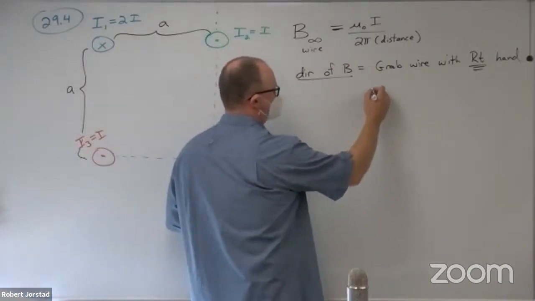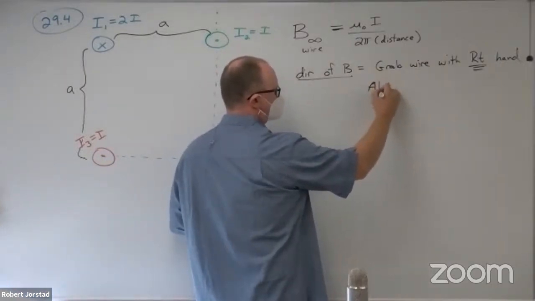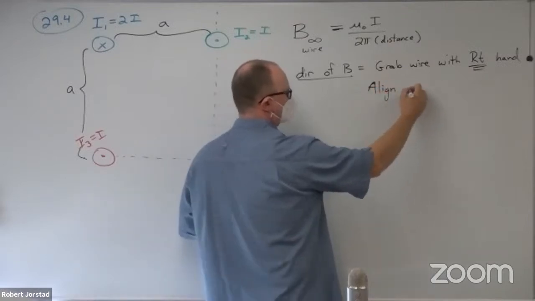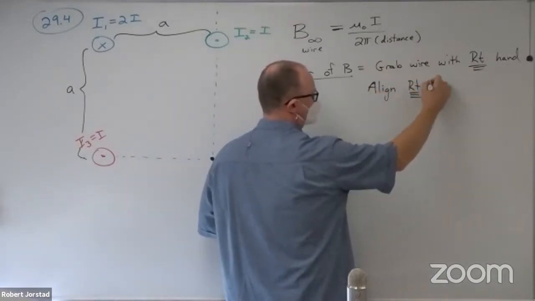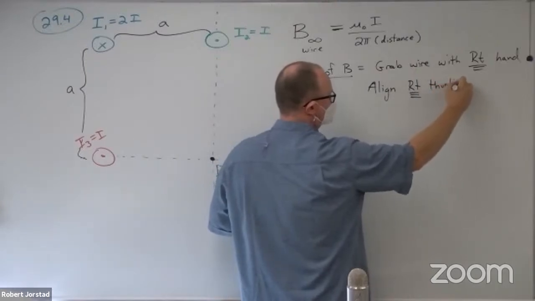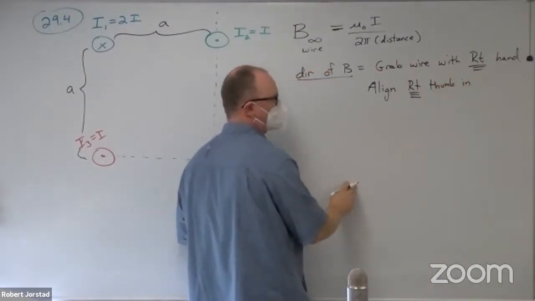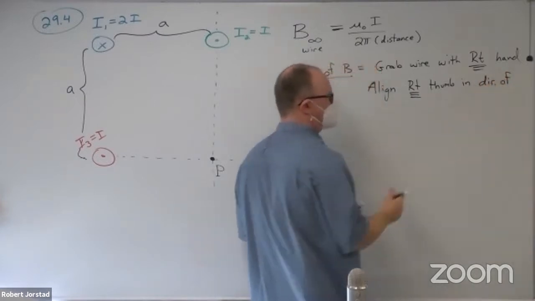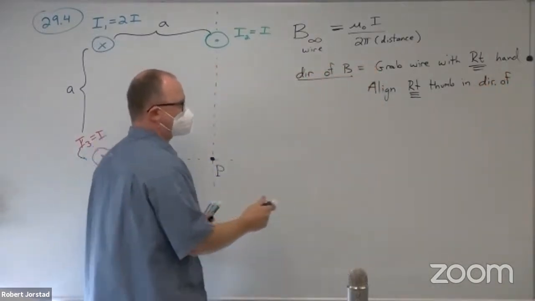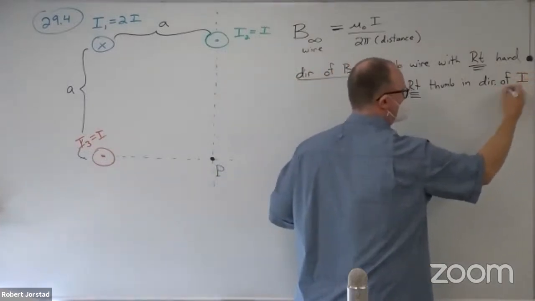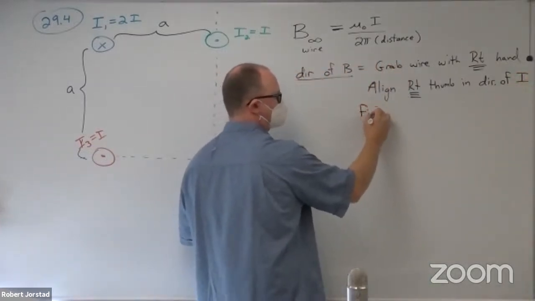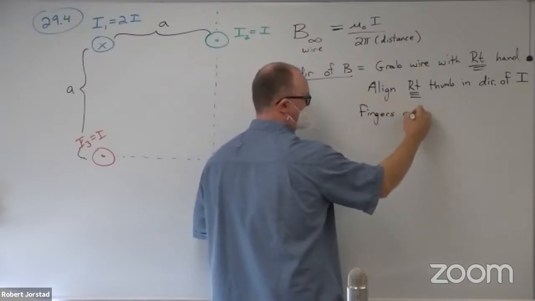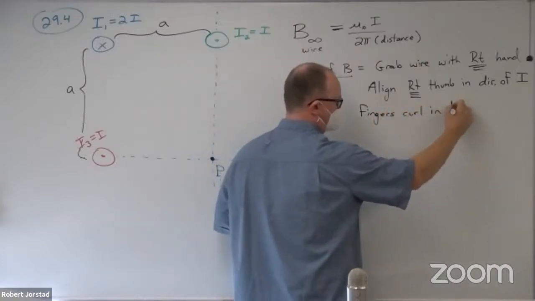With this one, align right thumb in direction of what? Current. Fingers curl in direction of B. Do you remember that?